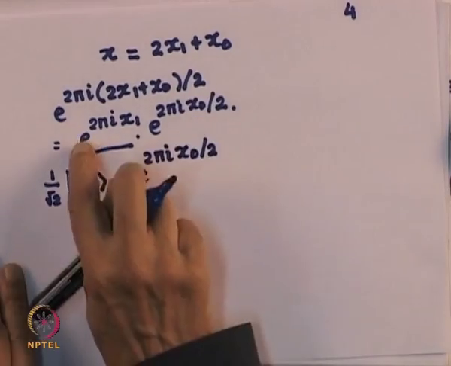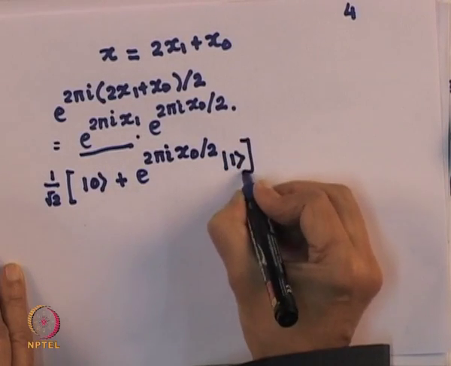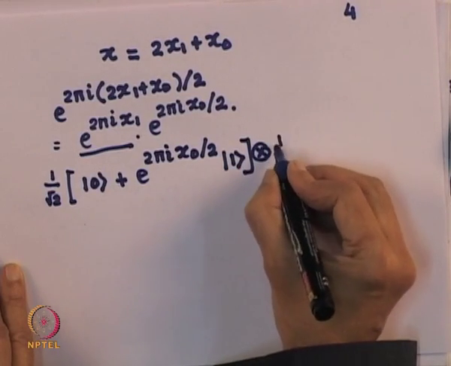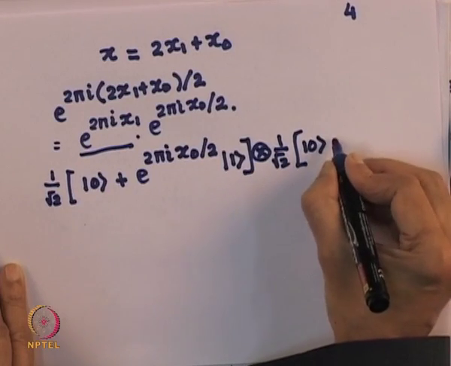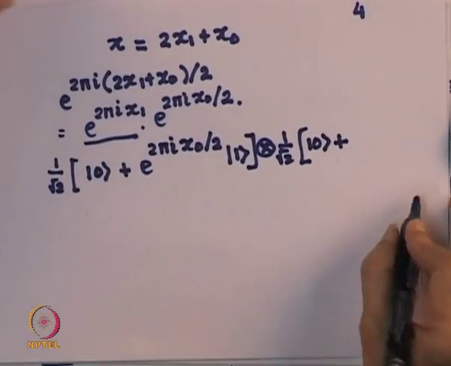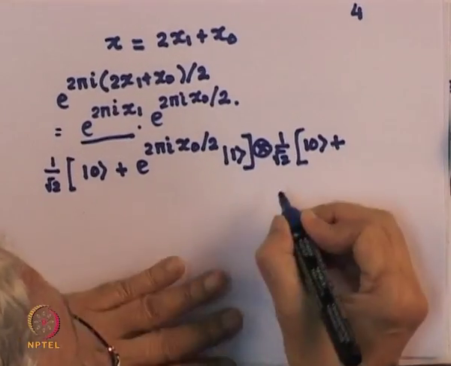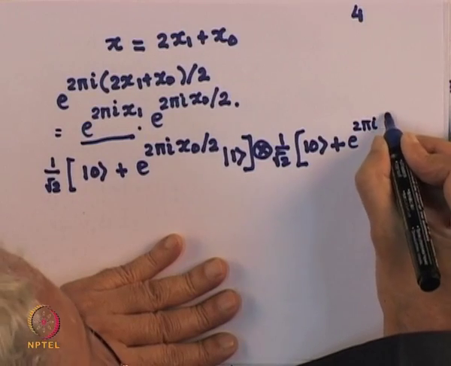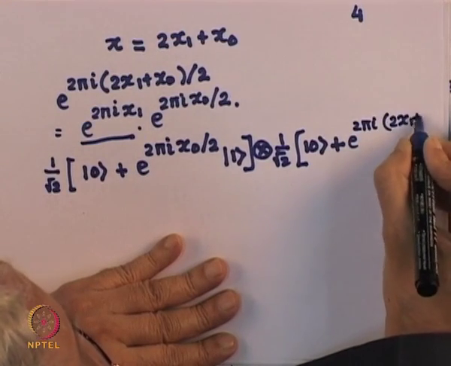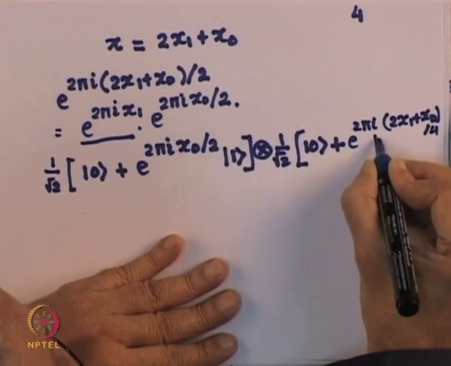This is coming from here, because this is 1 times vector 1 multiplied with 1 over square root of 2, again 0 plus, but this time I have 2 pi I x by 4. So, let me write it as e to the power 2 pi I, and x is 2x1 plus x0 by 4, 1.